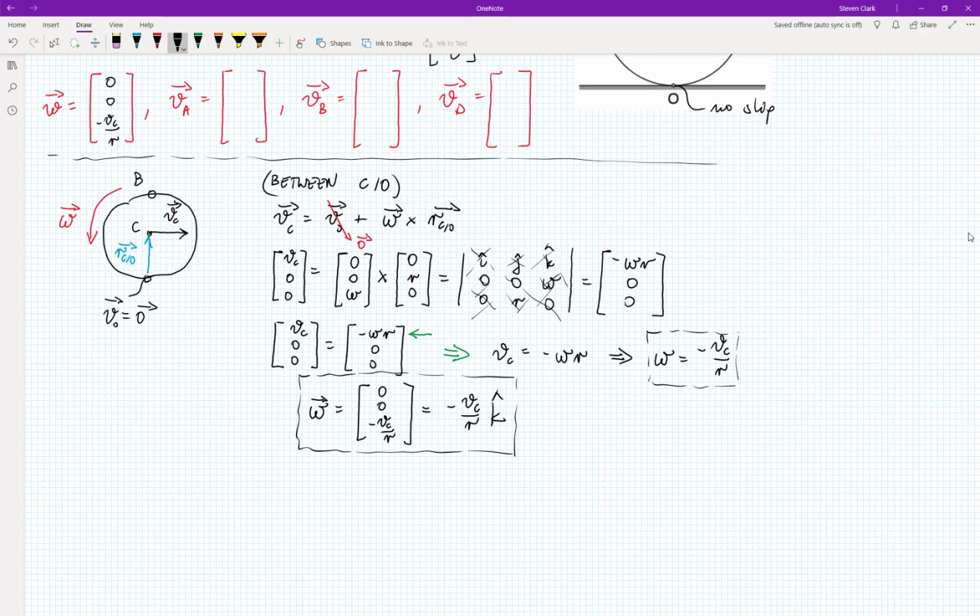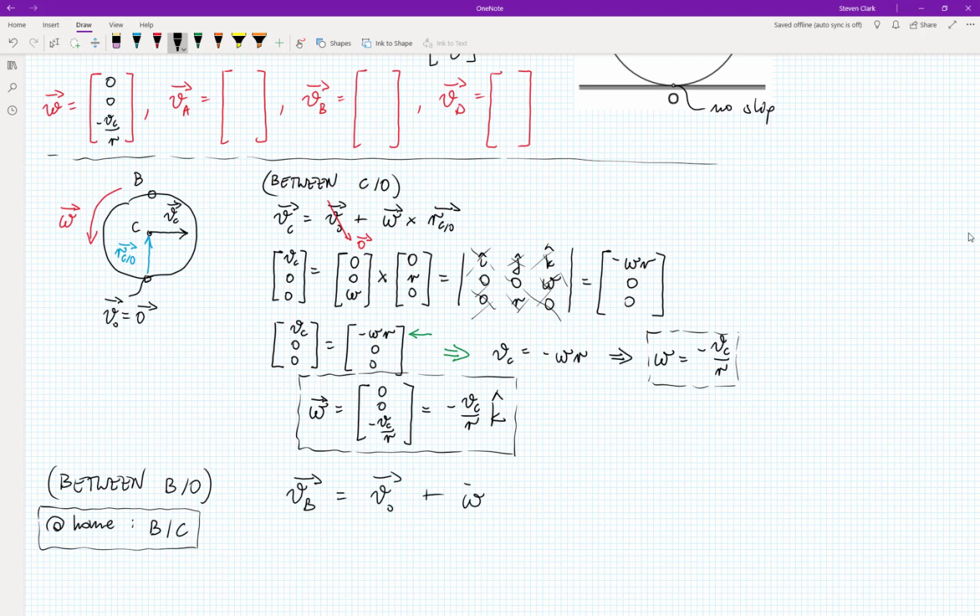However, I prefer to write it between B and O. So let's do it now between B and O. At home, you can try doing it between B and C if you want, and you should obtain exactly the same answer. But anyway, VB is equal to VO plus omega times RBO.